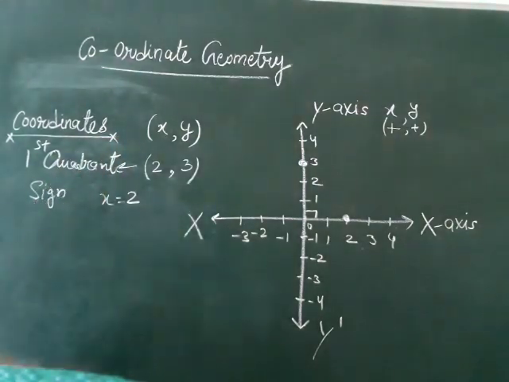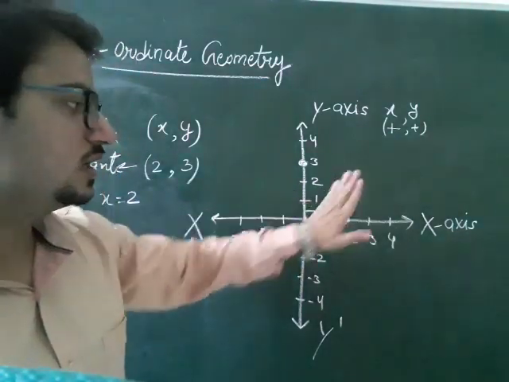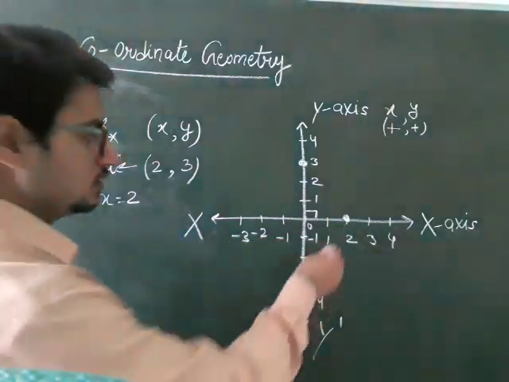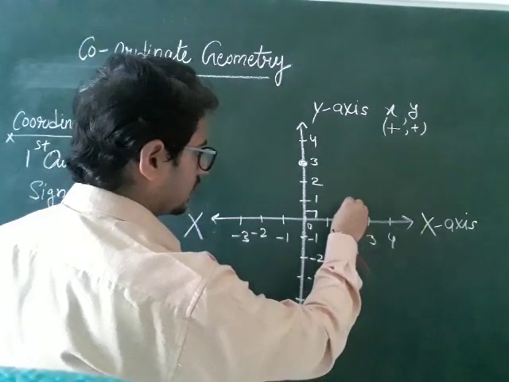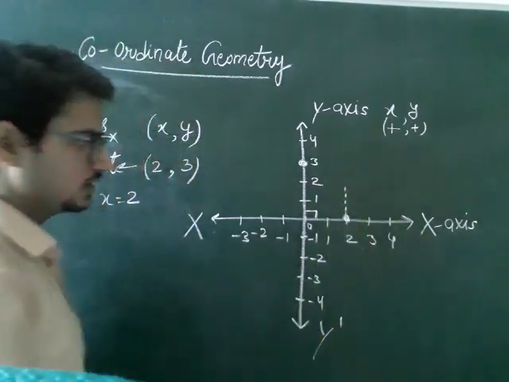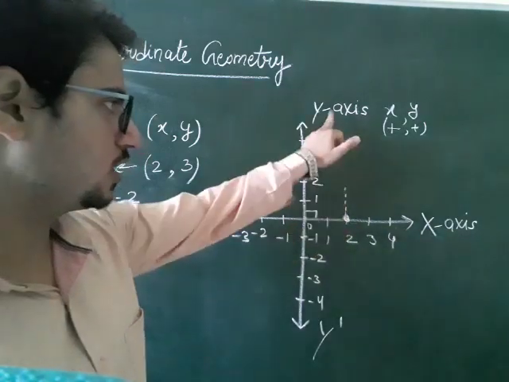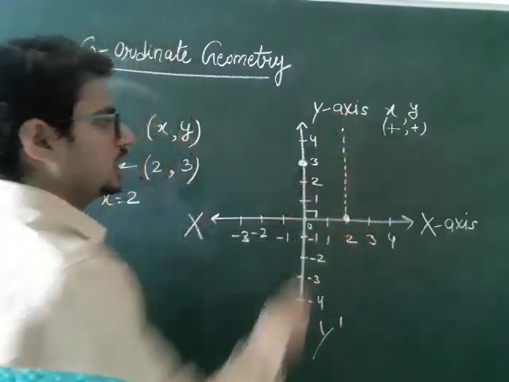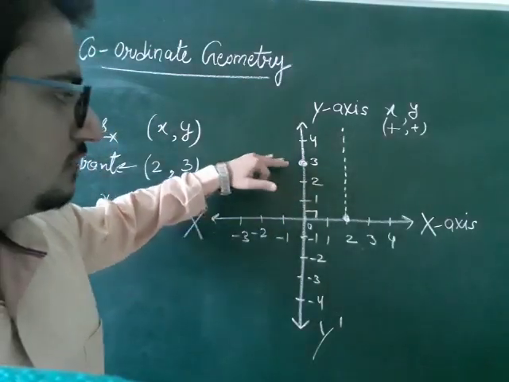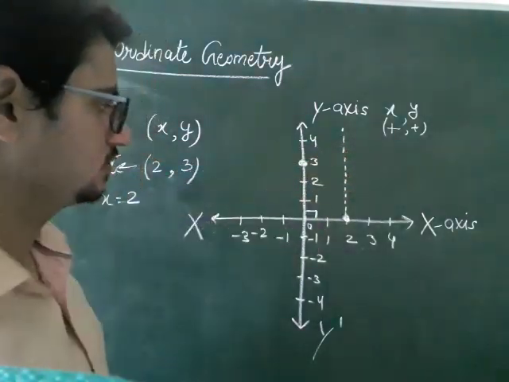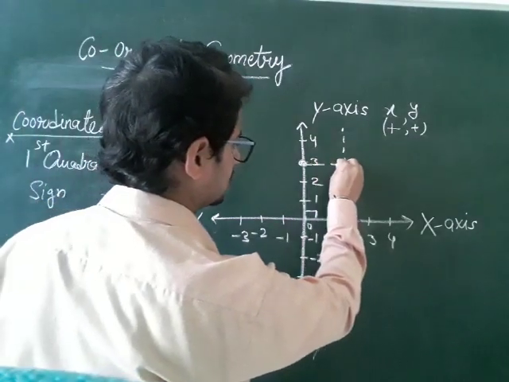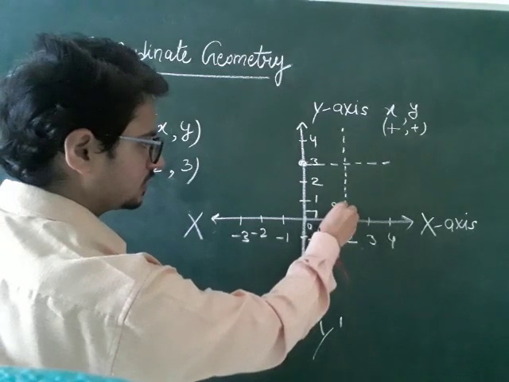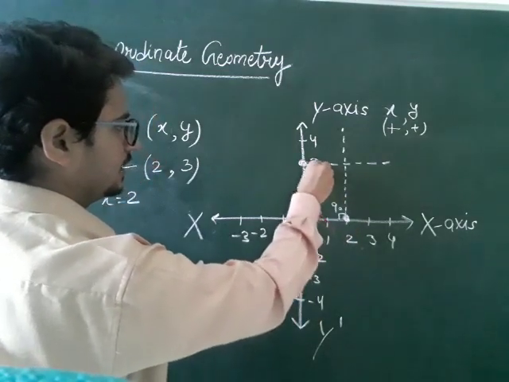In the first quadrant we will draw a vertical line as well as a horizontal line. From point 2 we will draw a vertical line like this, and from point 3 we will draw a horizontal line, and the angle between these lines will be 90 degrees.